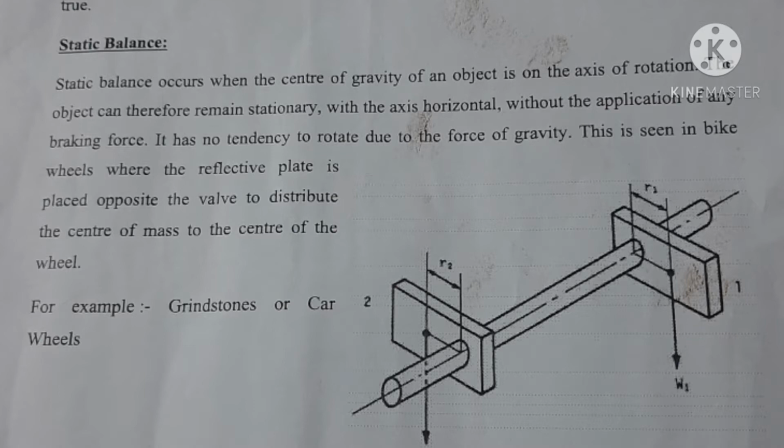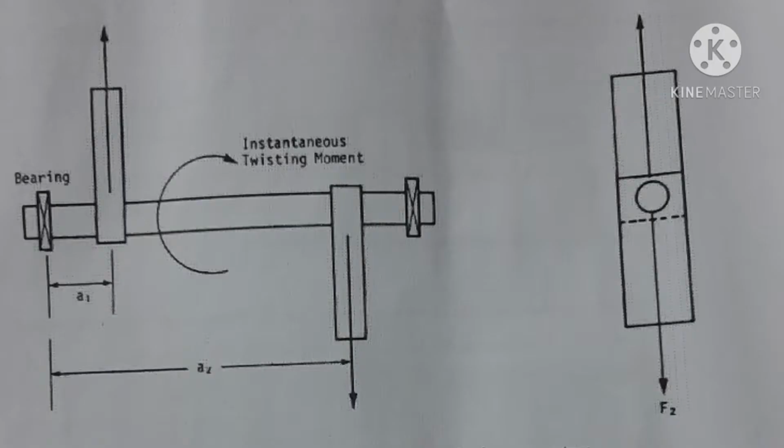Let's see about the dynamic balance. To check the dynamic balance, when we rotate the shaft there will be a centrifugal force. To understand the dynamic balance, we have to know about the centrifugal force.